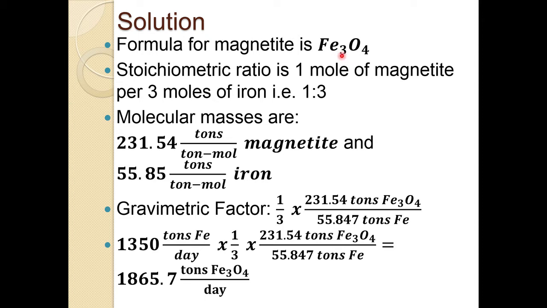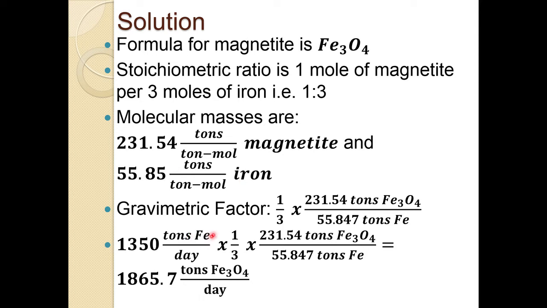So the molecular masses would be, for magnetite, 231.54 tons per ton mole. You can put it like kg per kilomole, grams per gram mole. These are the normal units in which you put the molecular masses, and for iron it is 55.85 tons per ton mole.